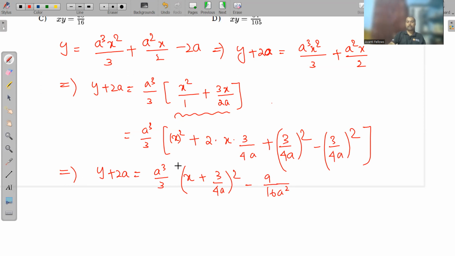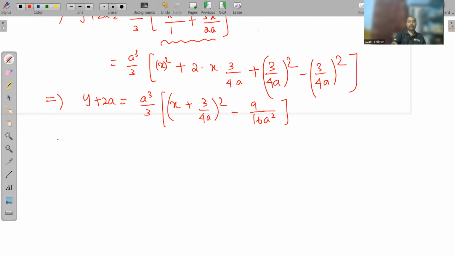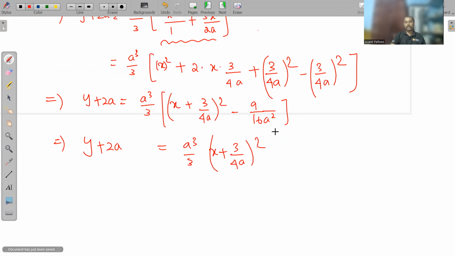Now, if we further simplify it, what does it become? y plus 2a equals a cube by 3 into x plus 3 by 4a whole square, and this 9 by 16a square will be multiplied with a cube by 3. It becomes 9a cube by 48a square.